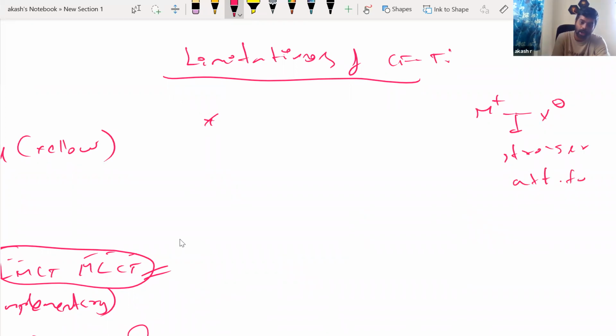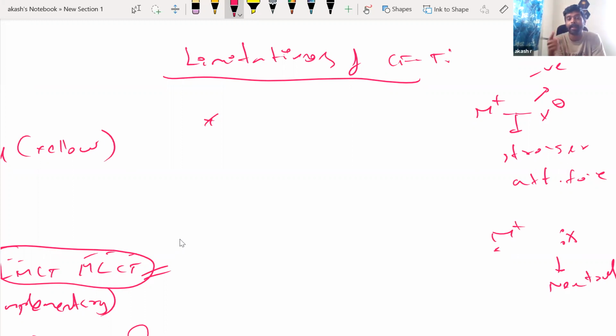Compare that with an M plus with a ligand having a lone pair of electrons, which is a neutral ligand. So the interaction between the negatively charged ligand and the metal should be stronger than in the case of a neutral ligand with the positively charged metal. That attractive force must be a little weaker. That is what we expect, isn't it?